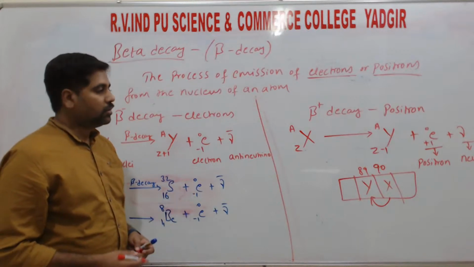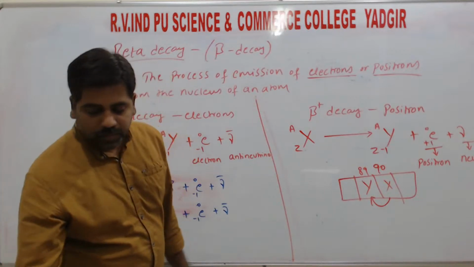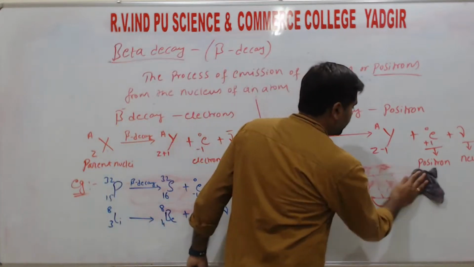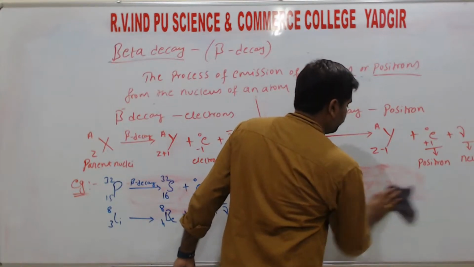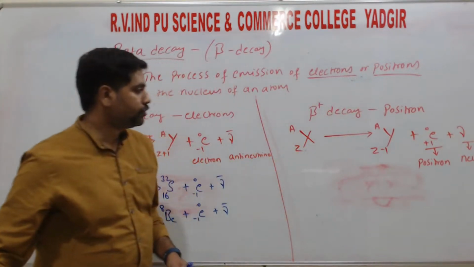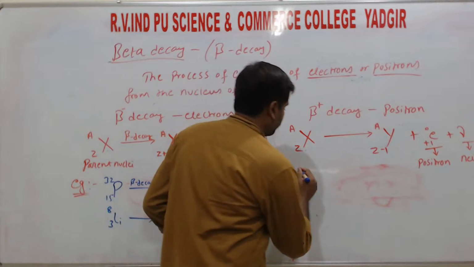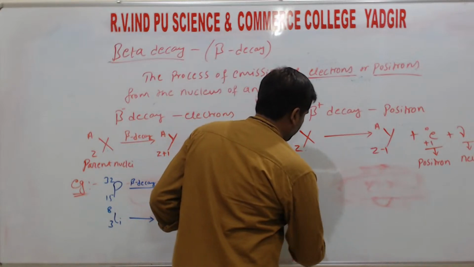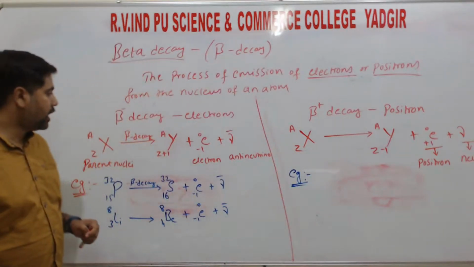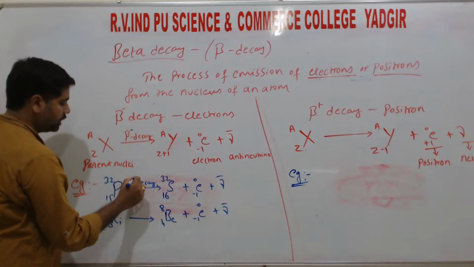So here, take the example of beta decay. Here we have beta plus decay, and here we have beta minus decay.